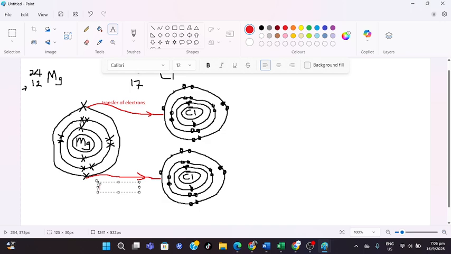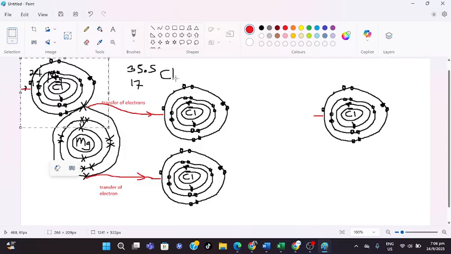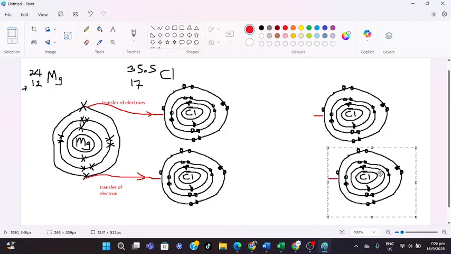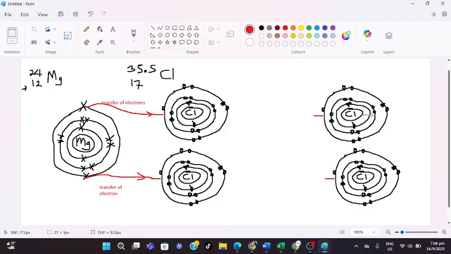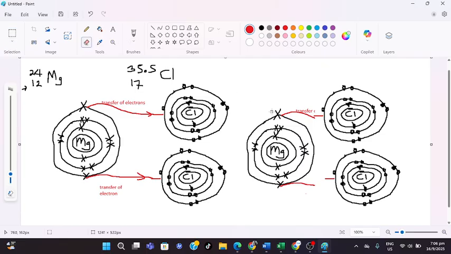So we're gonna have transfer of electron, and this is what we're gonna have. One second, let me clean this up.